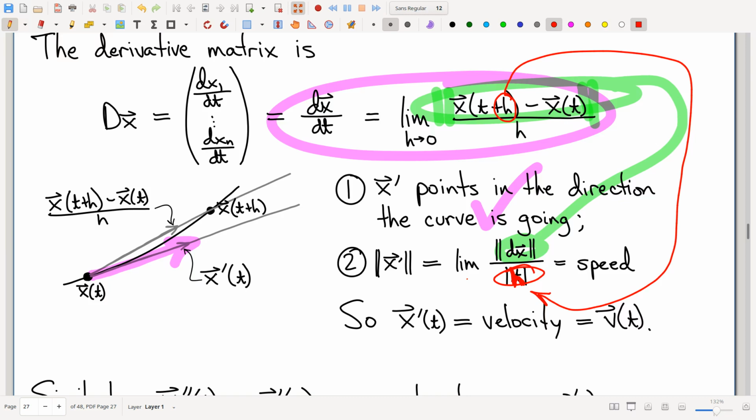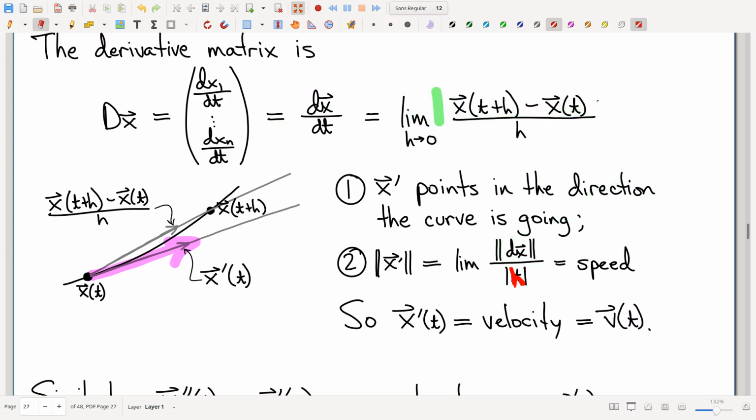Again, a familiar idea. So altogether then, we have a vector. This derivative is a vector that points in the direction of the motion and whose magnitude is the speed.